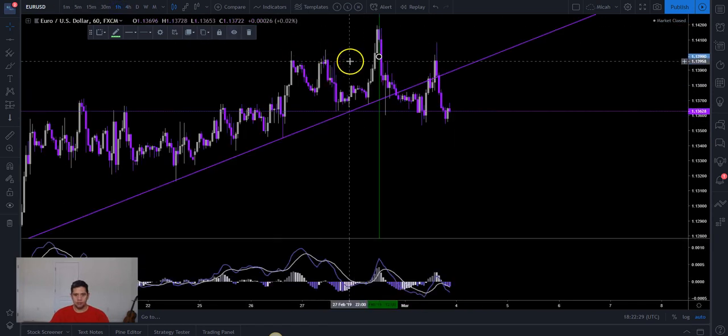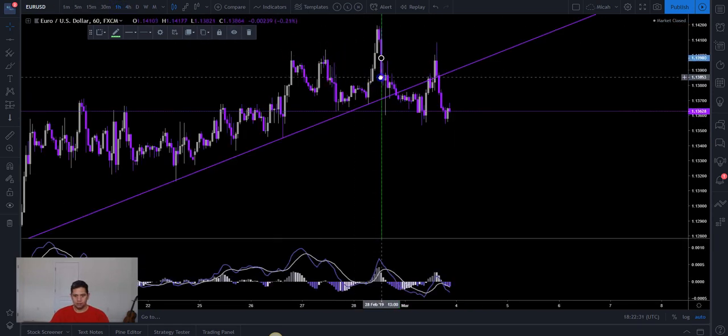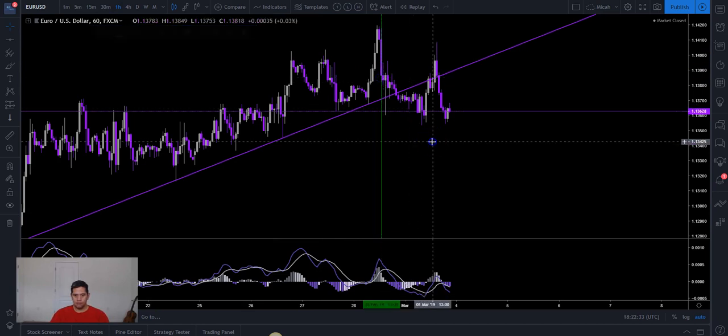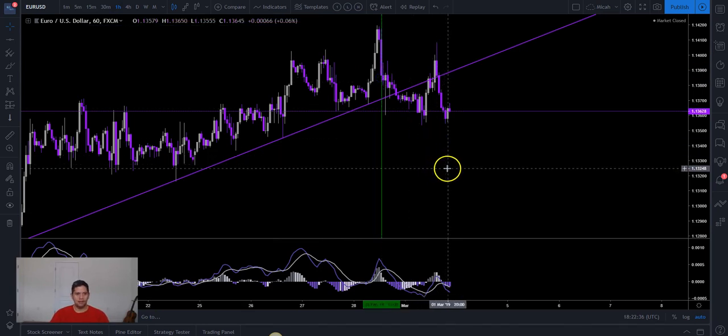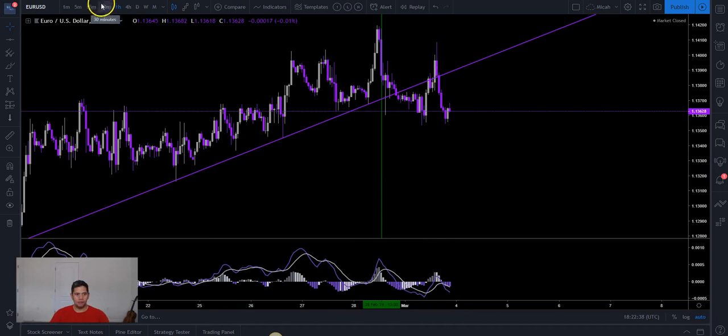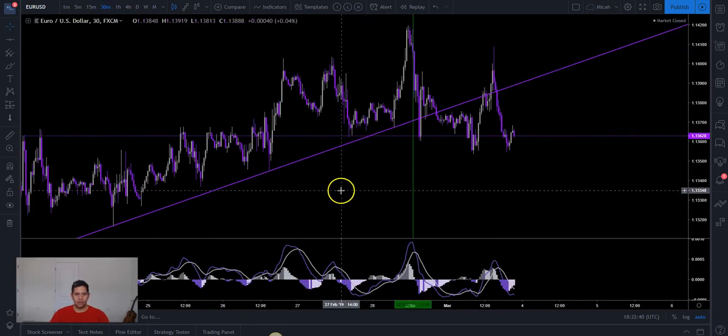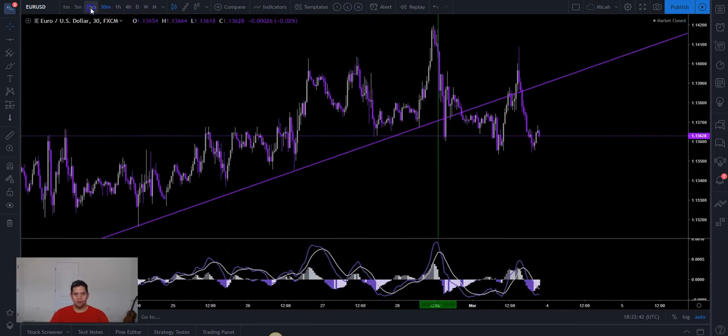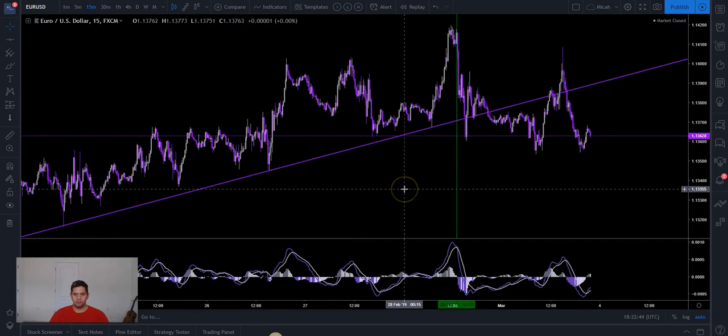So let's go about 1300, which is 1 o'clock. Okay, so we dropped down to the 30 for the trend line, and then we dropped down 15-minute for entry.